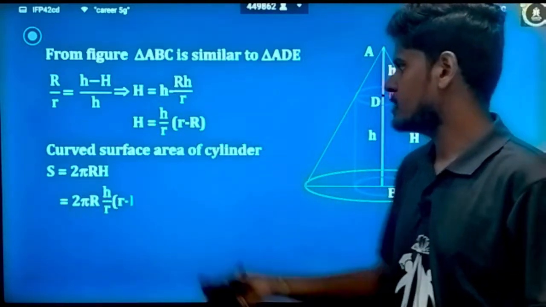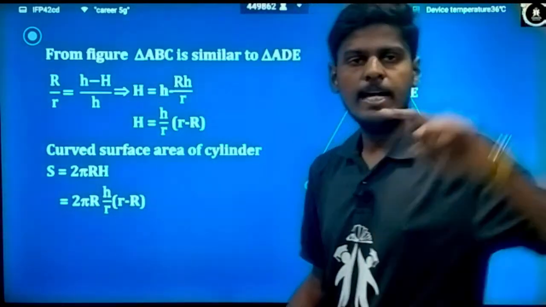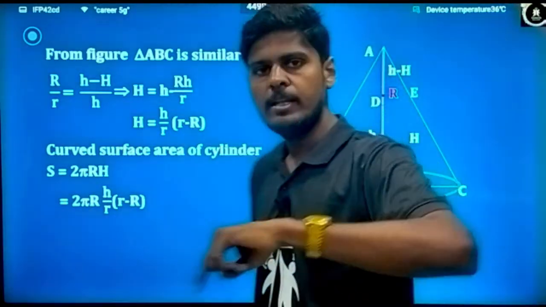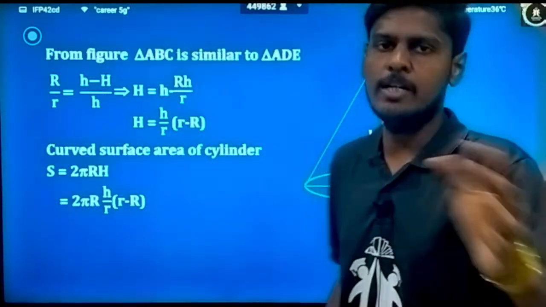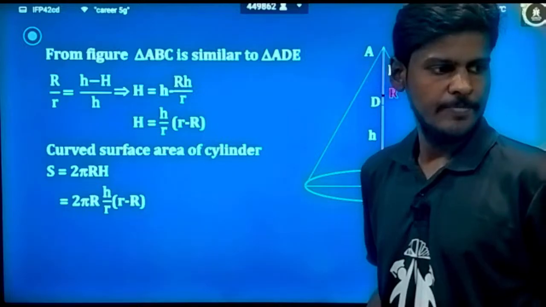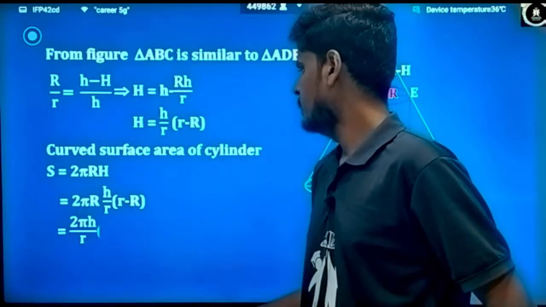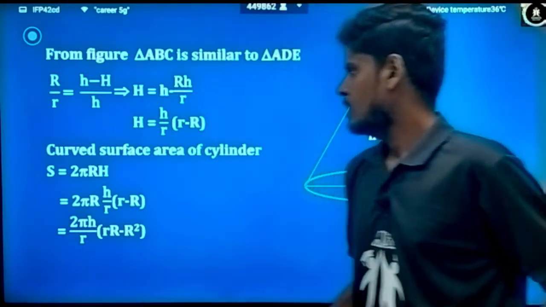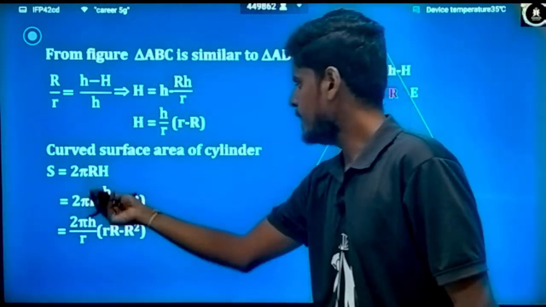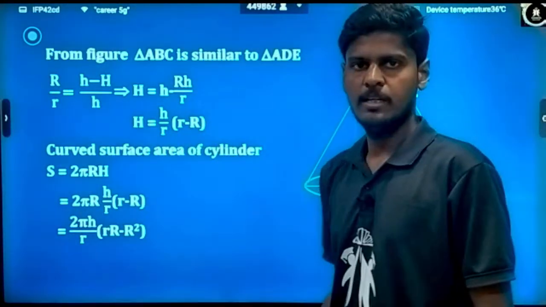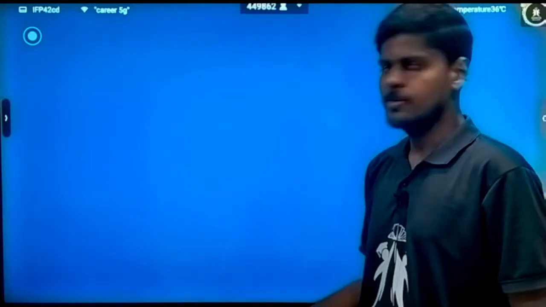The curved surface area is given by 2 pi R H. In the last question we replaced R in terms of H. Here we are writing H in terms of R. Based on what is asked, we have to choose that. So the curved surface area is given by this relation, 2 pi R into H. Now what do we need to do?